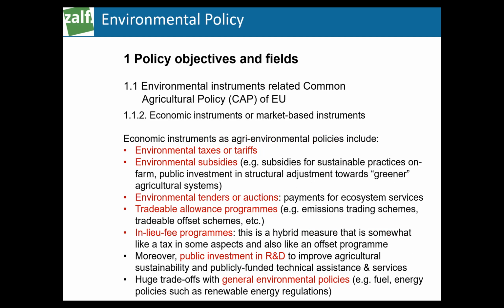Last but not least, the economic instruments in agri-environmental policies. These are taxes and tariffs, what we already had in many examples. With the tariffs, we also had the negative welfare effects, and we discussed that per product, between liberalization and tariffs, there is a price difference of up to 70%. The prices would be a lot more expensive if we would not have trade.